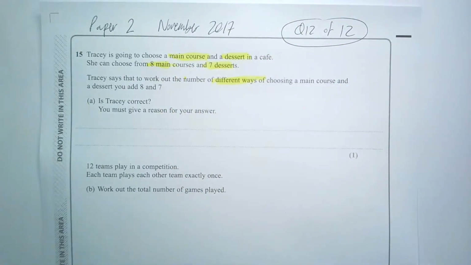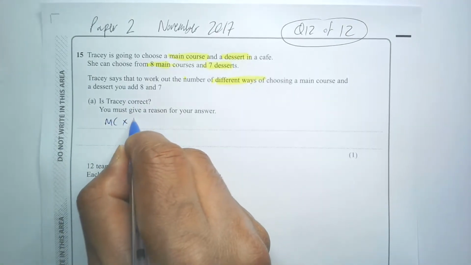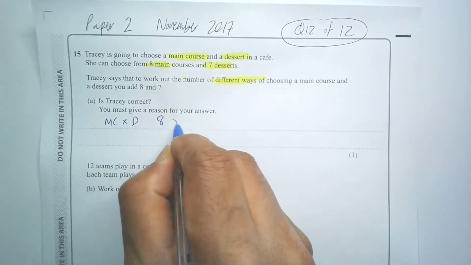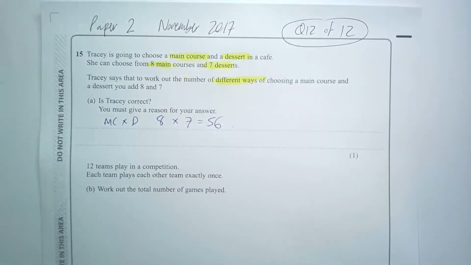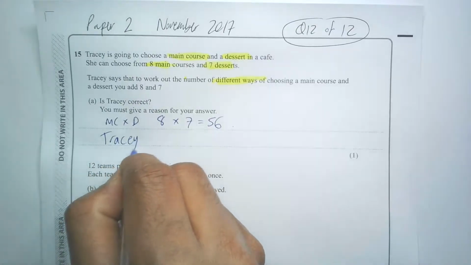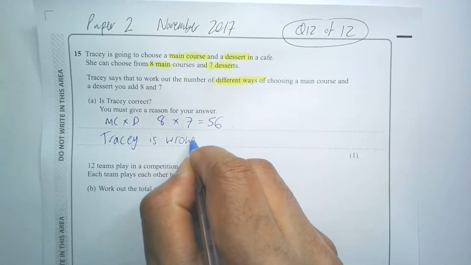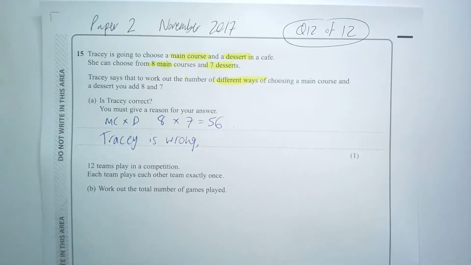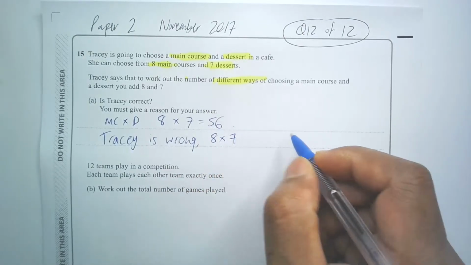So our working out should be main course times dessert. So that's 8 times 7, which is 56. So is Tracy correct? No, Tracy is wrong. You must give a reason for your answer: 8 times 7.